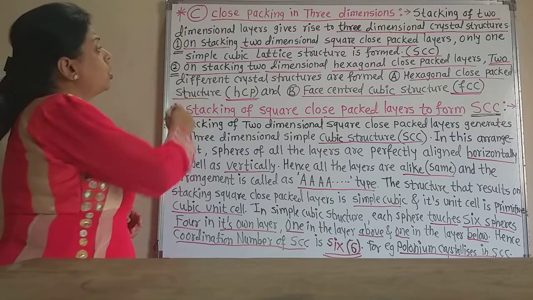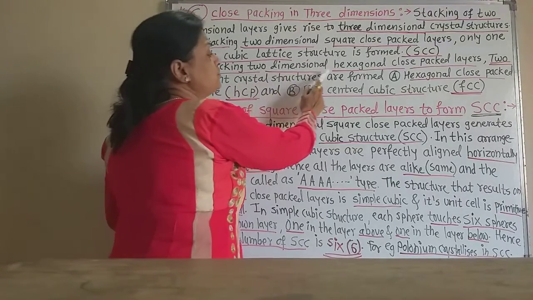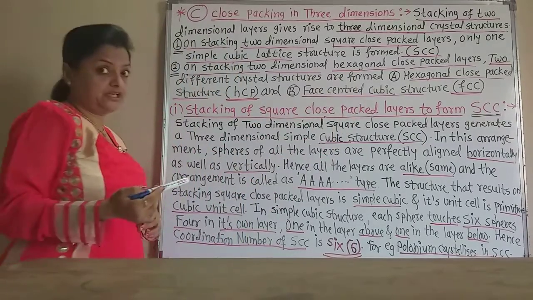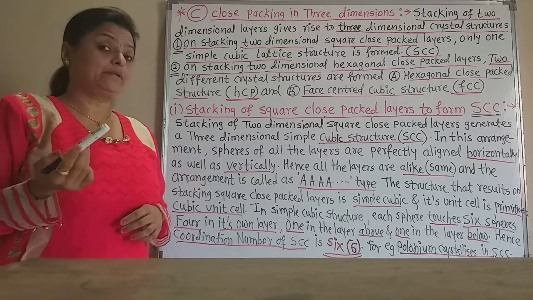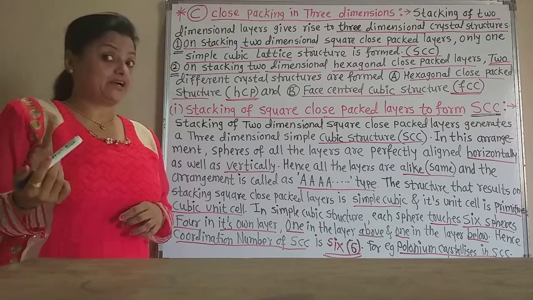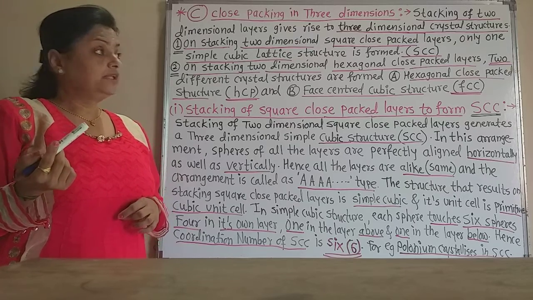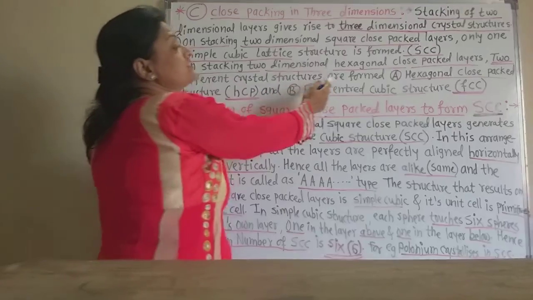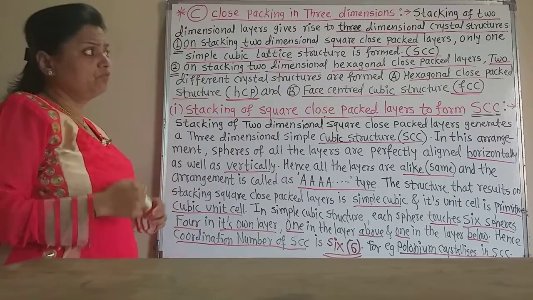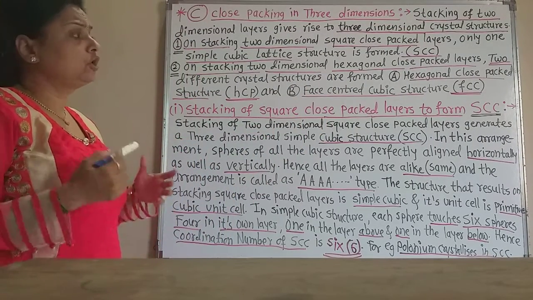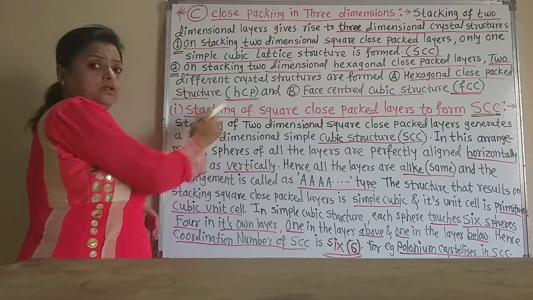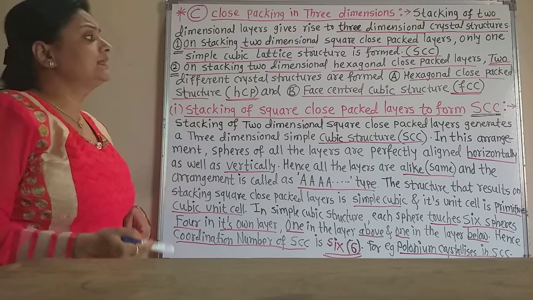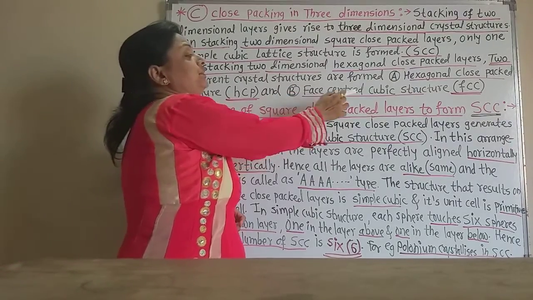Now on stacking two-dimensional hexagonal close pack structures, what happens? Two different crystal structures are formed. One is the hexagonal close packed structure, and another is the face centered cubic structure.